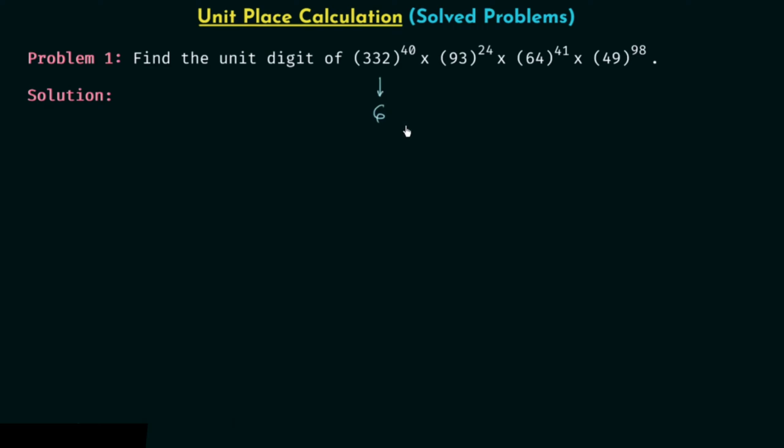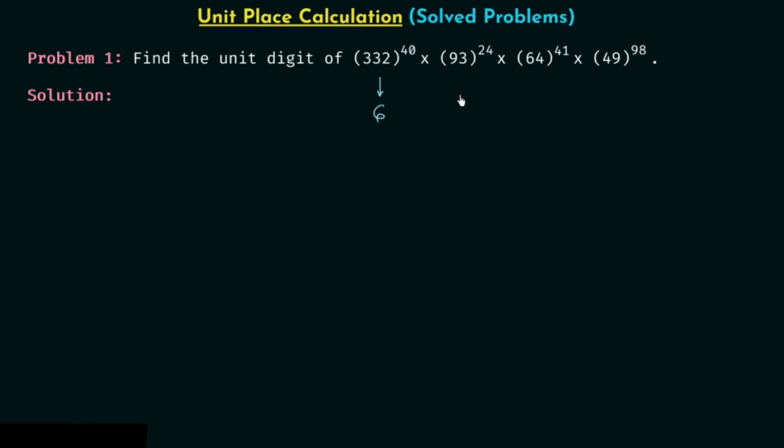Now we will shift our focus on this power 93 raised to power 24. 3 is the digit at unit place, and like in case of 2, we are going to follow the same rule. We will take the power, which is 24, and we will divide it by 4. 24 divided by 4 will give us the remainder equal to 0.